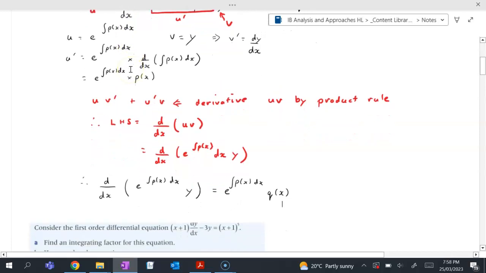And so this is in exact form. This is all some function of x, and this is the derivative of two functions of x multiplied together, because y is a function of x.